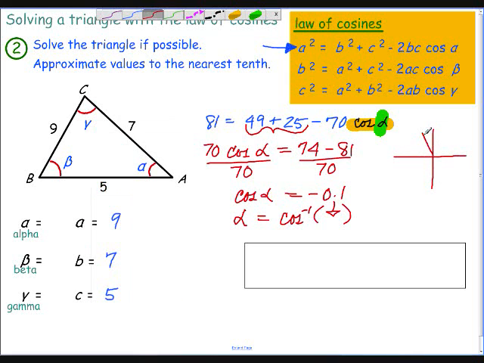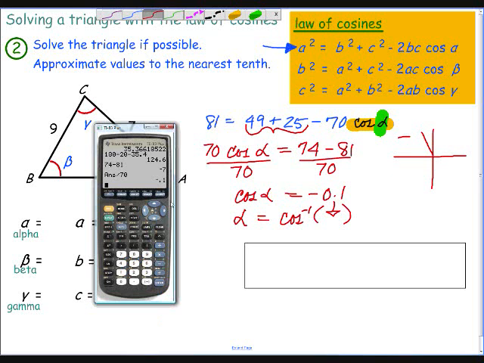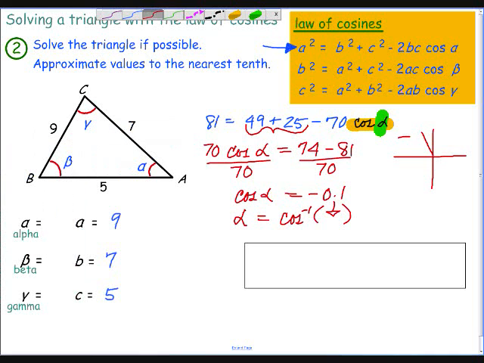It may be that it's an obtuse angle because cosine is negative over here. I shouldn't have been so worried about it, perhaps. Let's see if it works. Arc cosine of, now I'm going to use the correct negative. Congratulate me on that. Yeah, so it's an angle of 95.7 degrees.